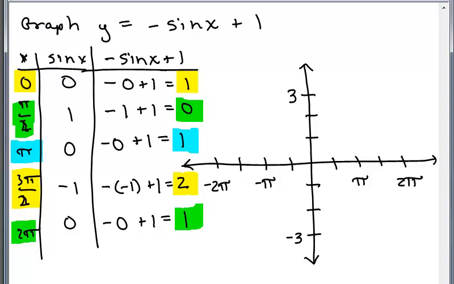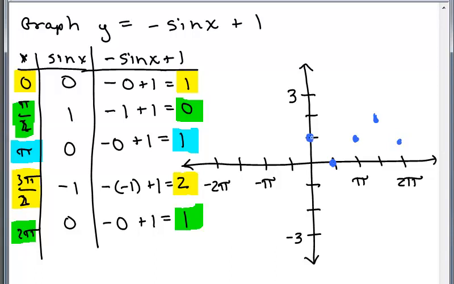So let's go ahead and graph those. Okay, we've got 0, 1. Pi over 2, 0. Pi, 1. 3 pi over 2, 2. It's up here. 2 pi, 1.